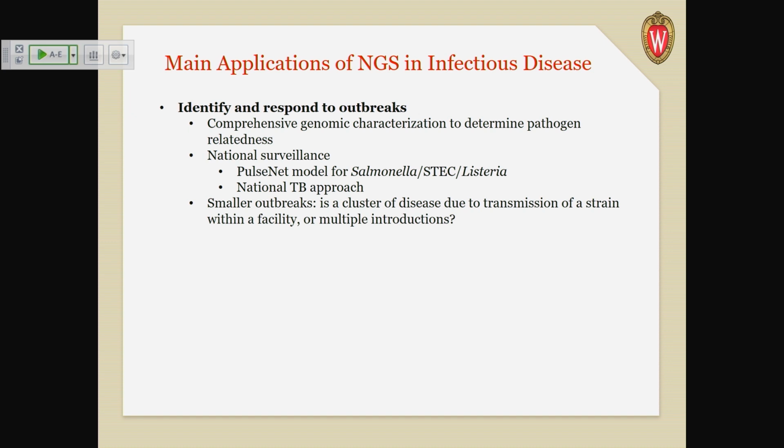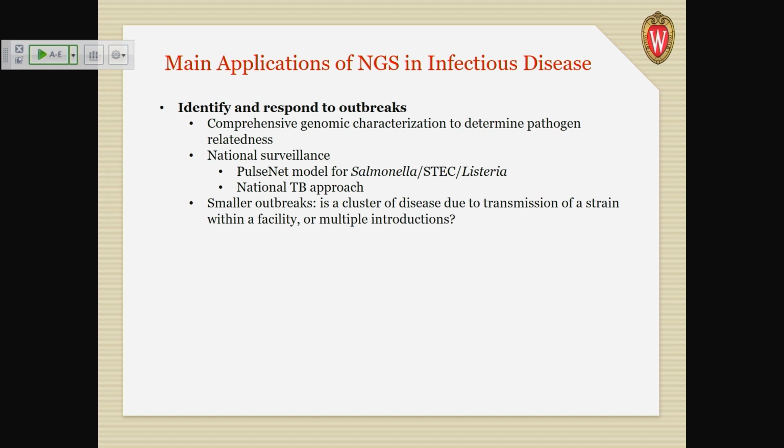We at the state lab try to sequence every single Salmonella in the state, every single STEC, every single Listeria, and every other public health lab does that as well. And we upload that into a national database to look for relatedness, for clusters, to identify outbreaks, whether it's a smaller outbreak within a particular county in Wisconsin, or whether it's a national outbreak. We can identify this by trying to sequence every single positive that we can get.